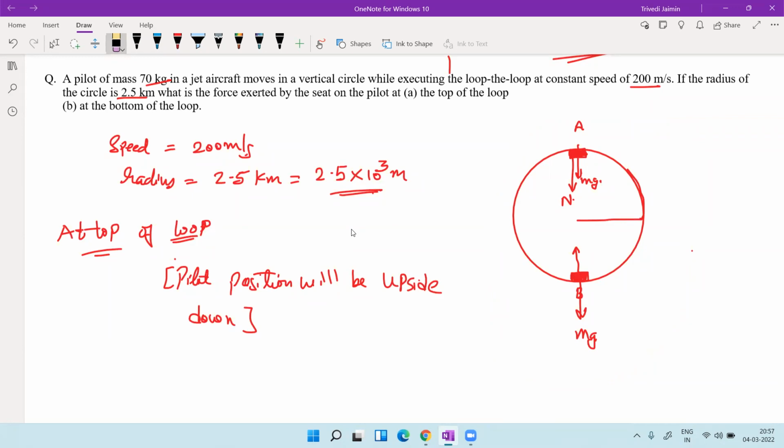Can you imagine what I'm saying? So the pilot will be facing upside down, so his face will be downward. That's why we wrote here normal as downward. Here normal is upward because he's facing upward. Here he is facing like this, upside down, inverted.